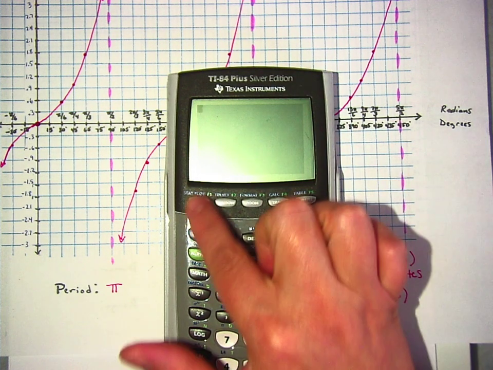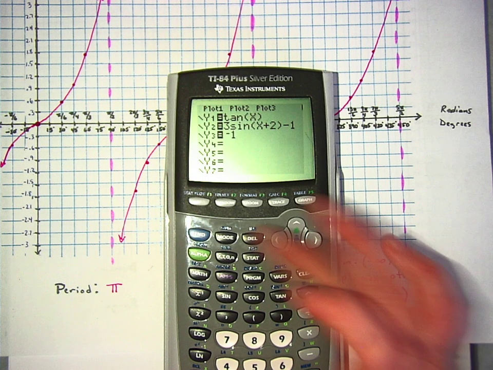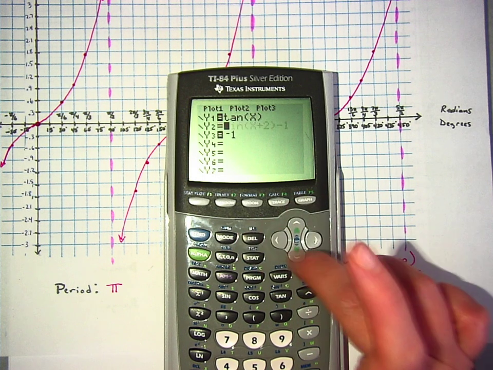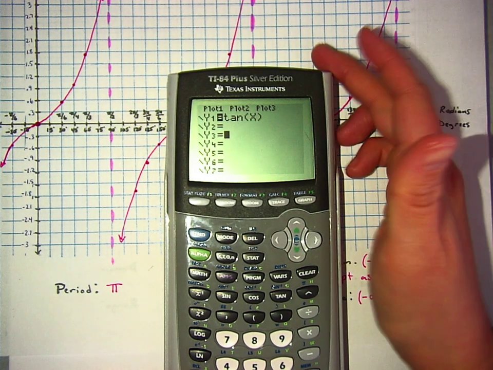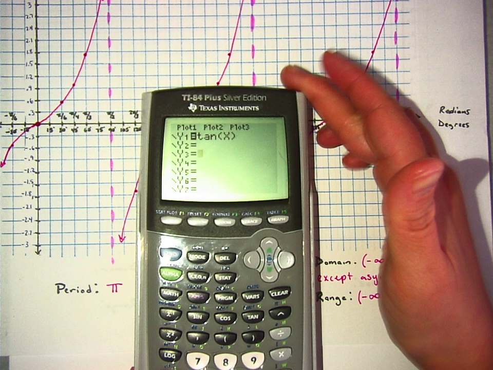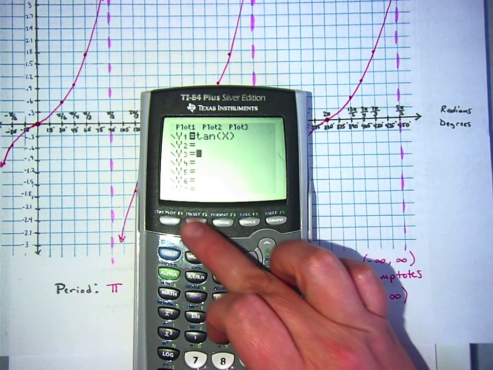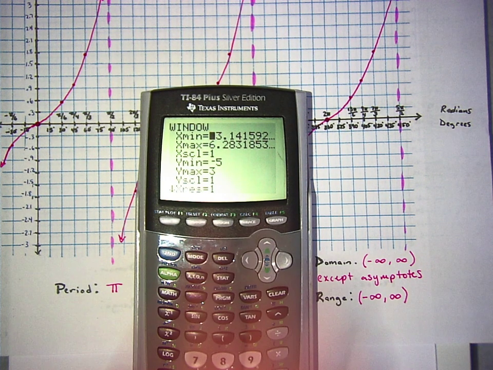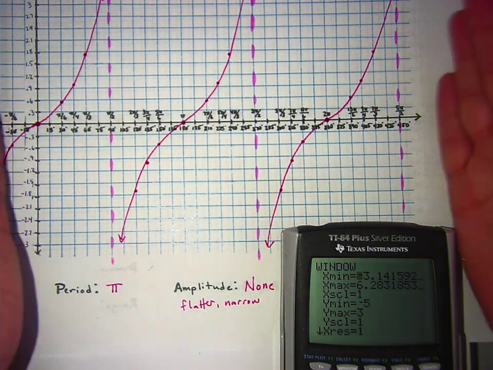All right, let's try graphing it. Go to y equals tangent of x. Clear. So, what should we make our window? Right now I have it as negative pi to 2 pi. How many of these do you want to see? Do you want to see what we see here?